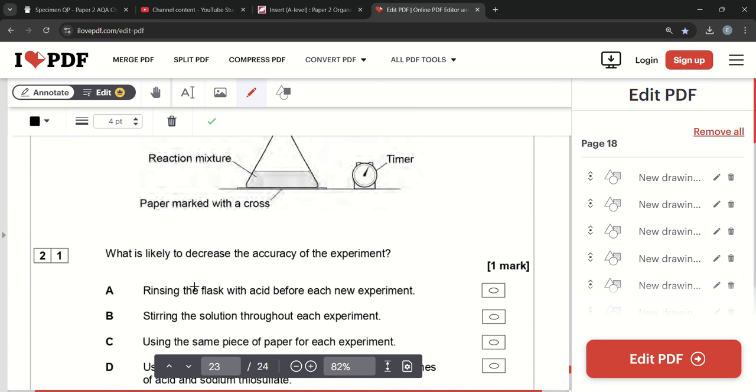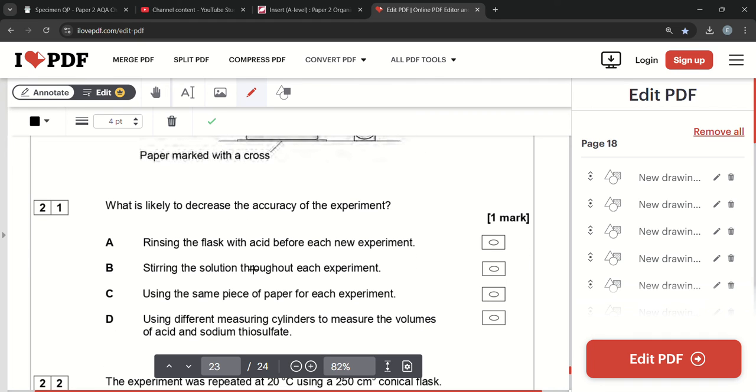Question 21. What is likely to decrease the accuracy of this experiment? Decrease the accuracy, so that's a really bad thing. Rinsing the flask with acid before each new experiment, stirring the solution throughout each experiment, using the same piece of paper for each experiment, using different measuring cylinders to measure the volume.